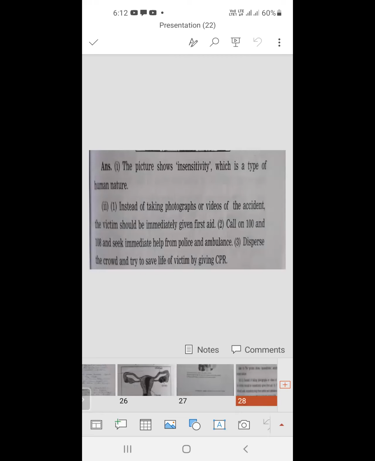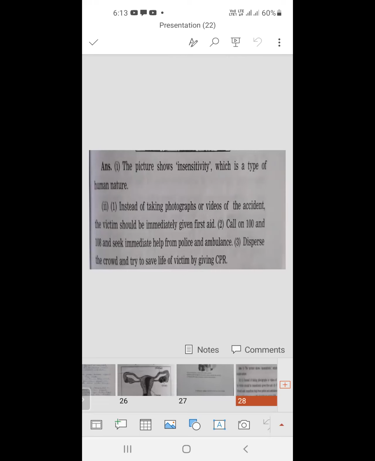For the first question, which mental illness is shown in the above picture, you can write the answer: the picture shows insensitivity, which is a type of human nature. In that picture, you can see there is an accident and people are taking videos or photos of that incident.